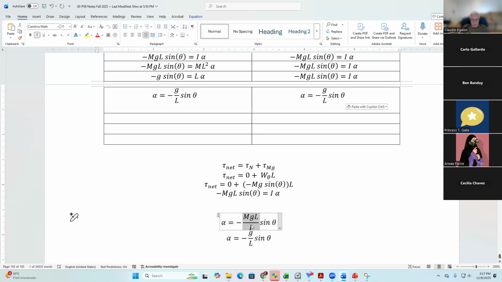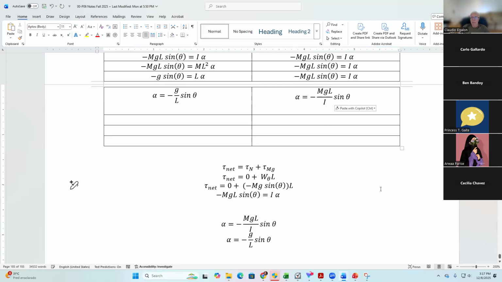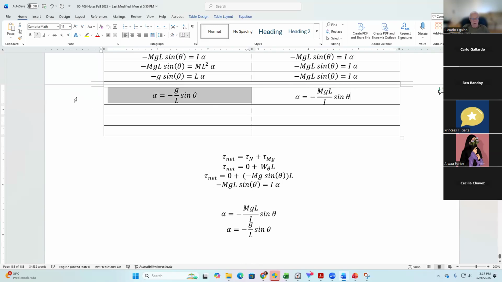What changes is going to be this parameter that goes upstairs, MgL over I. And then we do exactly the same approximation that we did before, right? So here we go.